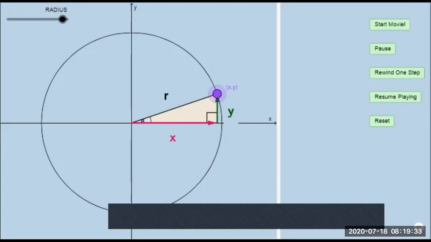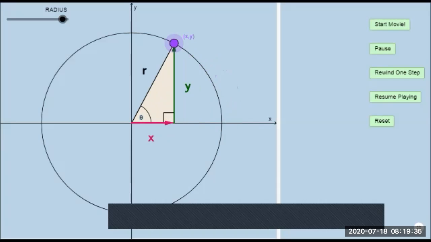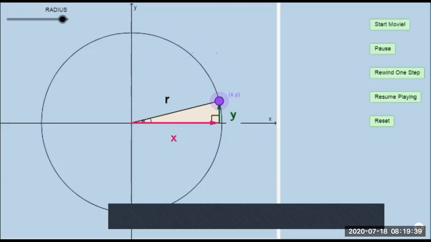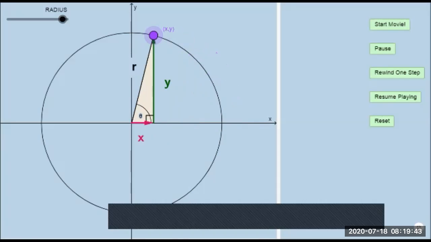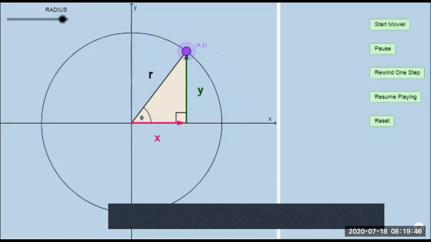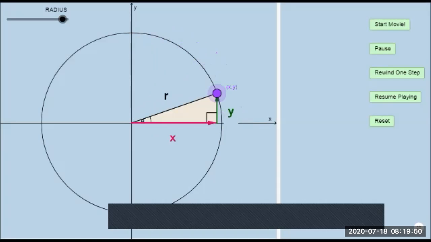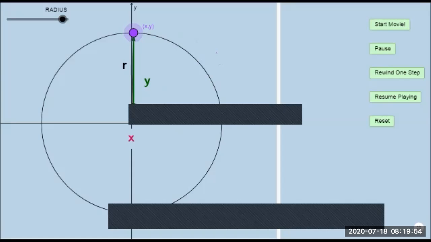And what was the radius? Always, if you see, the radius is the hypotenuse of this right angle triangle. The radius or the hypotenuse of this right angle triangle does not depend upon theta. Whether theta is 0 here, hypotenuse is r. Whether theta is 90 degree, hypotenuse is again r.